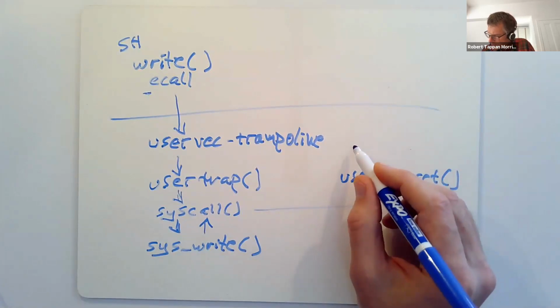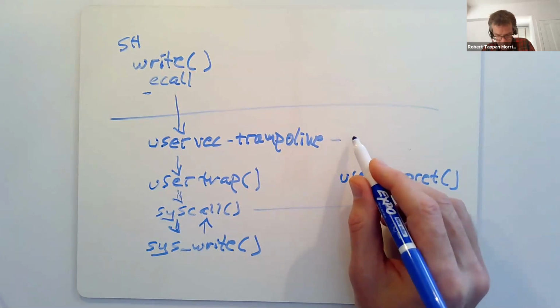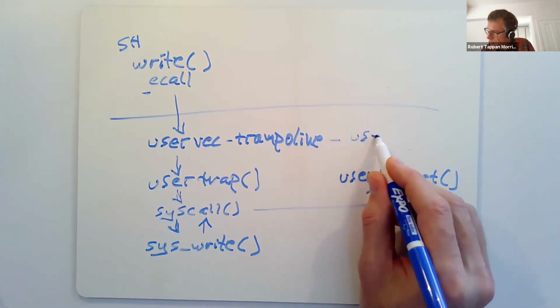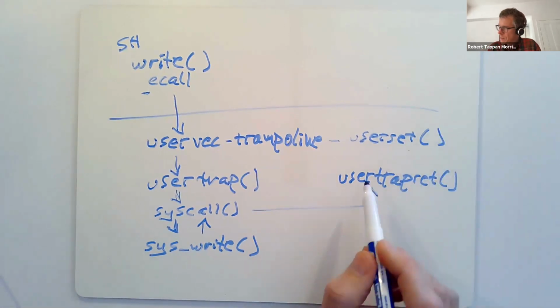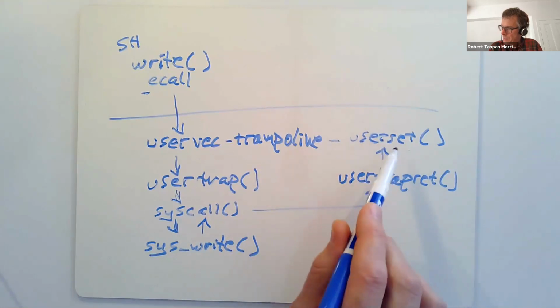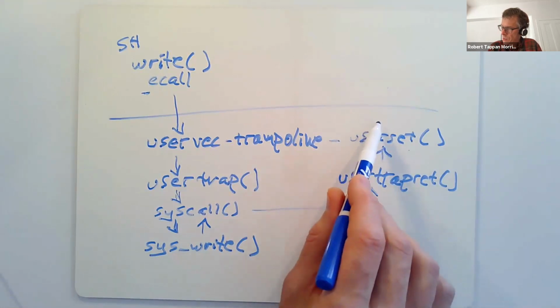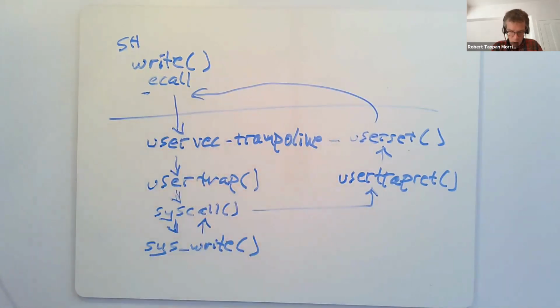And the code for that is written in assembler, and it's again in this trampoline page in a function called userret. So there's some last assembly stuff that has to happen. And then finally, this assembly function issues the machine instruction that returns back in user space and resumes execution after the eCall. All right, does anybody want to ask a question?